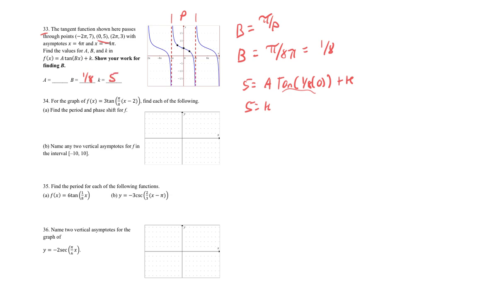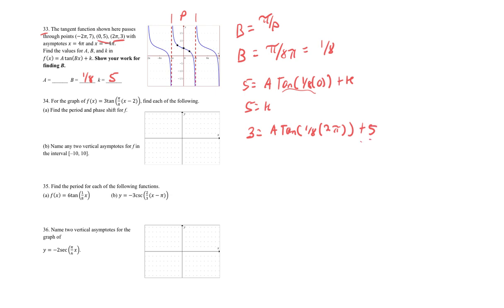Now for our amplitude, I'm just going to take this next point. So 3 is equal to our amplitude, which we still don't know, tangent of 1/8 times 2 pi, plus 5.